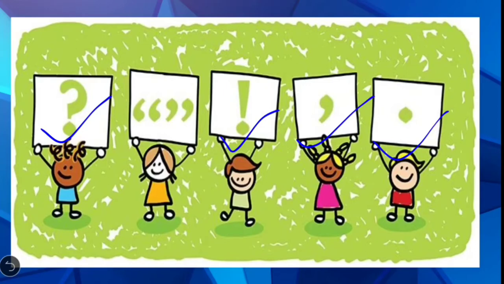We use a comma to separate the list of things, the series. We can use it with a direct question, quotation marks. We can use it to separate words used in addressing people. We can use it to separate a question tag from the remaining sentence.